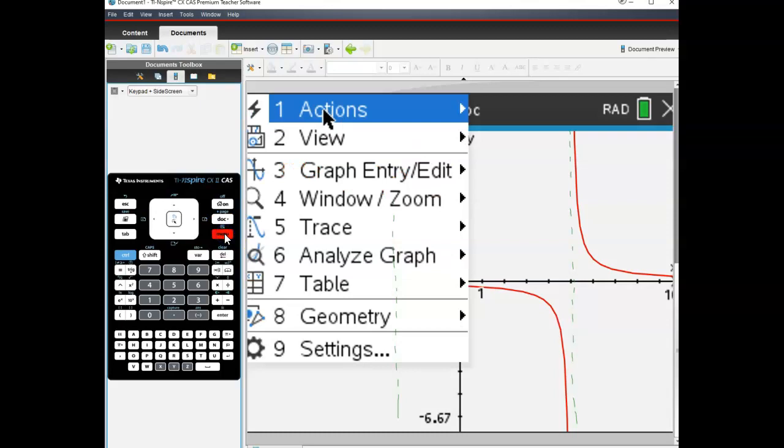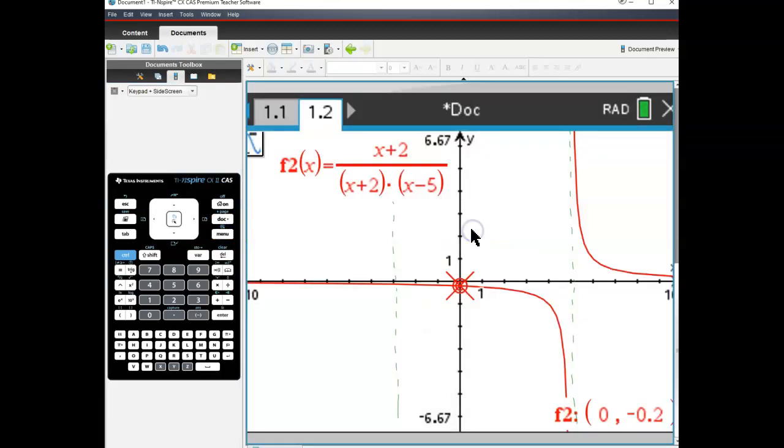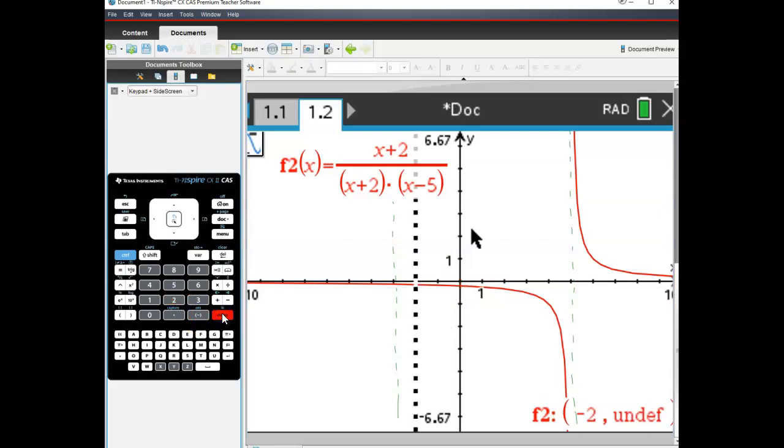If I traced my graph over here at negative 2 and hit enter, notice it's saying, hey, it's undefined when x is negative 2. It's kind of showing me that black dashed line, as if to say, it ain't working here. I made my green line in the wrong spot. We don't have a vertical asymptote here, but something's going on in that function to where we can't evaluate it. It's a domain restriction, but it's not a vertical asymptote.